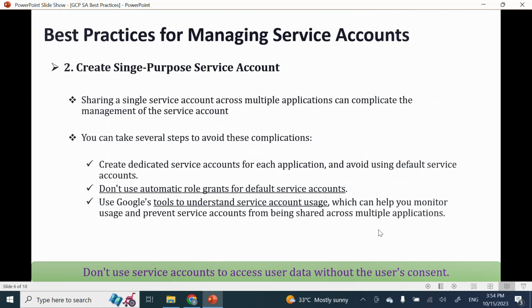Create dedicated service accounts for each application and avoid using default service accounts. Don't use automatic role grants for default service accounts. Use Google's Understand Service Accounts page, which can help you monitor usage and prevent service accounts from being shared across multiple applications.